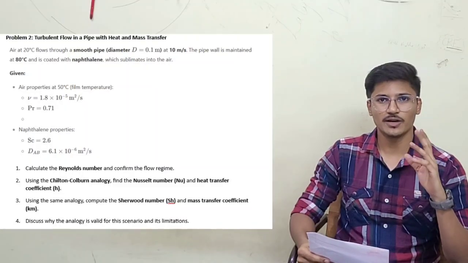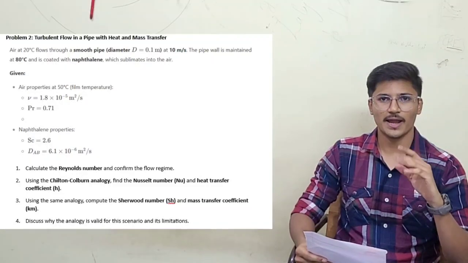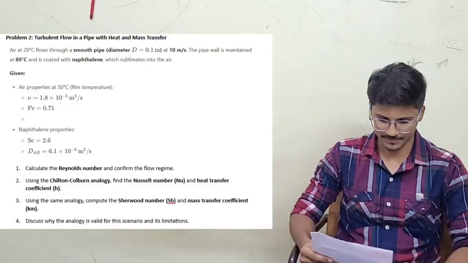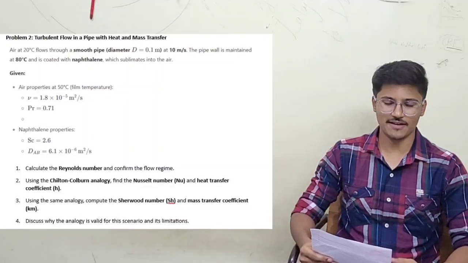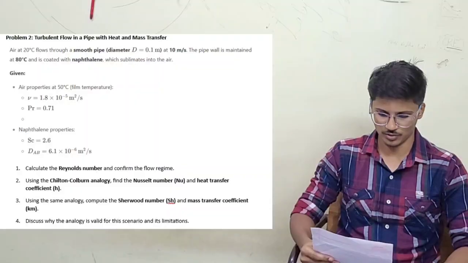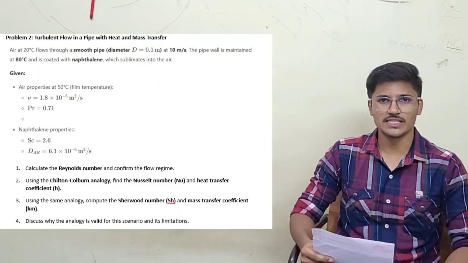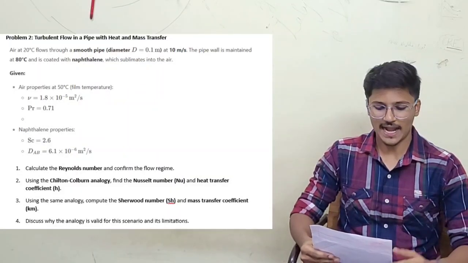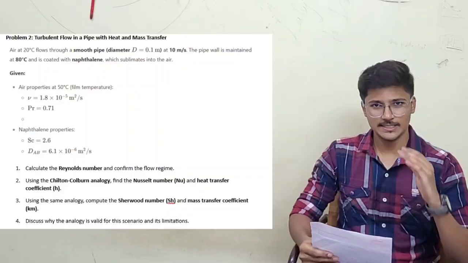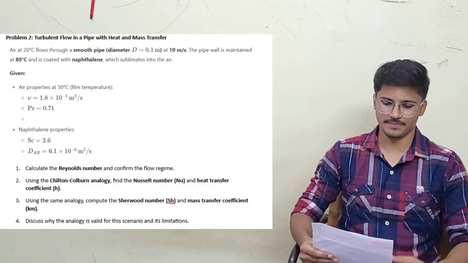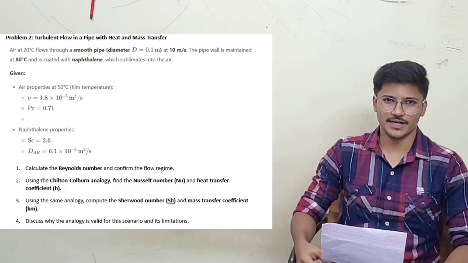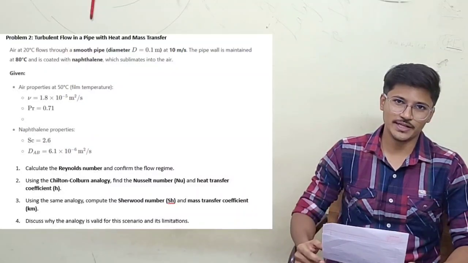Viscosity is given to be 1.8 into 10 to the power minus 5 meter square per second. Prandtl number is given to be 0.71. The naphthalene properties are given below. Schmidt number is given as 2.6 and diffusivity is given to be 6.1 into 10 to the power minus 6 meter square per second. So now this is the given data. So what do we need to calculate?